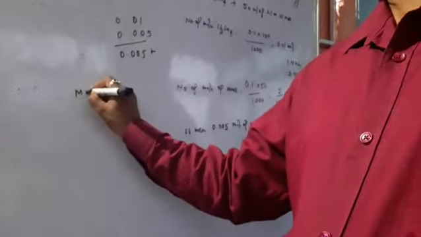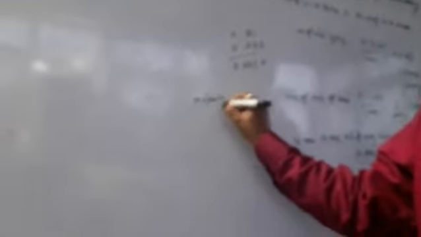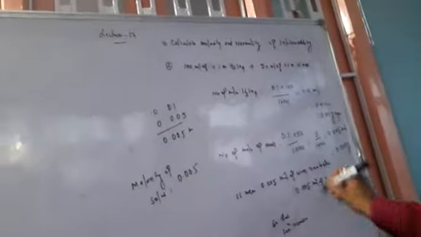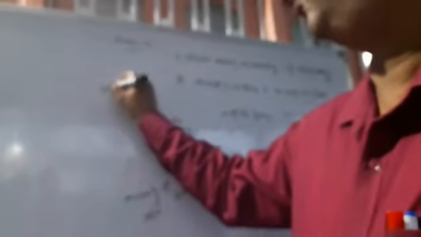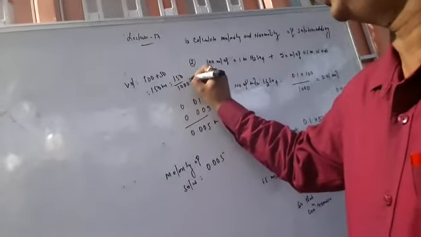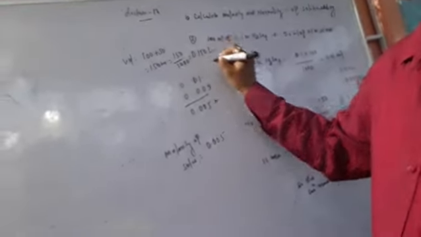So for the molarity of the solution, it is 0.005 and the total volume is 100 plus 50, that is 150 ml, 150 divided by 1000, that is 0.150 liter.